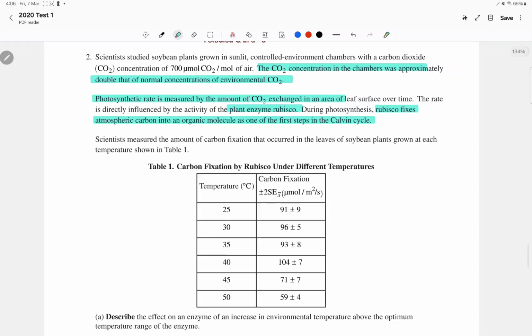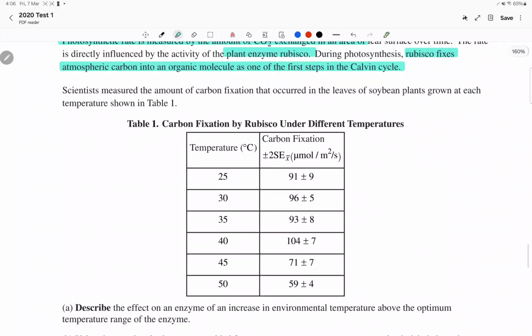Now here we have multiple temperatures from 25 to 50. What do you guys think is the best graph to represent this data? A bar graph or a line graph? Bar. Because it's not categorical, it's actually a line graph. I'm sure they're both accepted, but line graph is better.